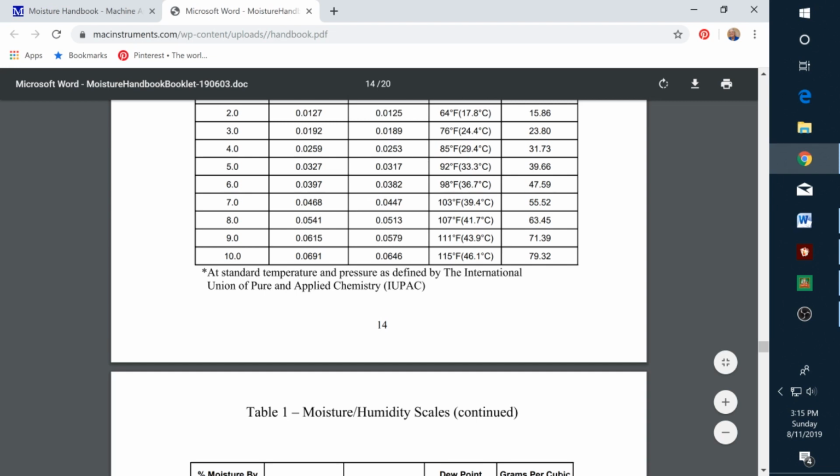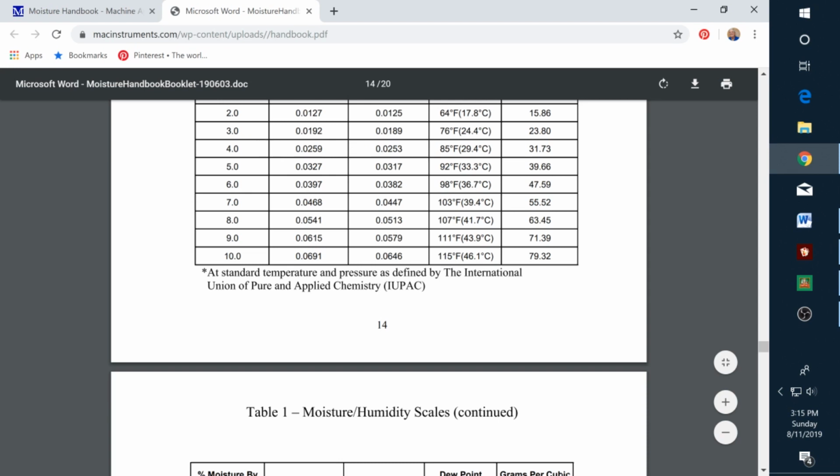So another thing we can get from this table is the vapor pressure of water vapor at this temperature. Since everything here is calculated at 1 atmosphere, this is telling us we have 3% of 1 atmosphere at this temperature.